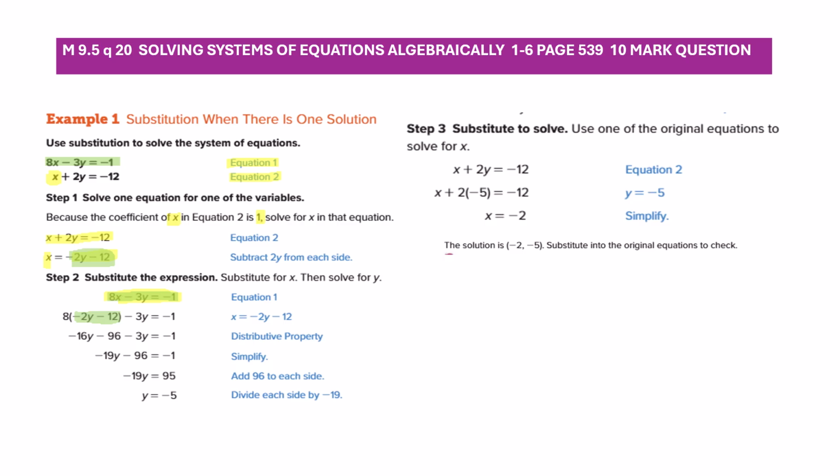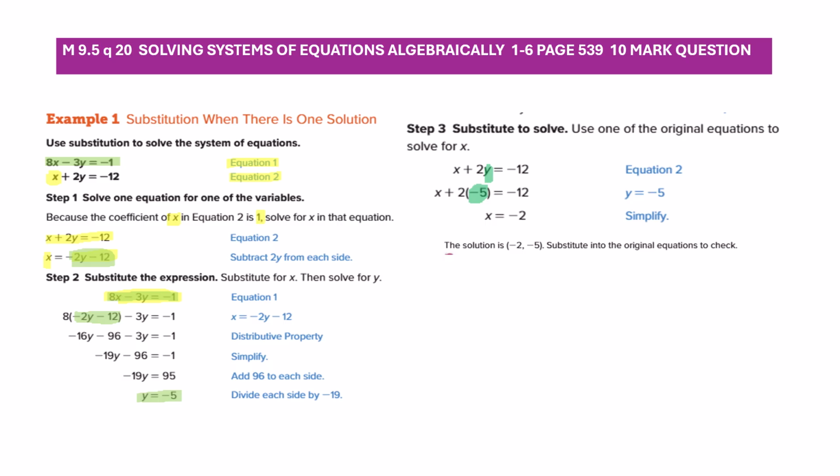You would find that your value of y is negative 5. Now, when you find the value of y, you can go back to either equation 1 or 2. Once again, you substitute the value of negative 5 in the equation. Where you have y, you substitute negative 5.